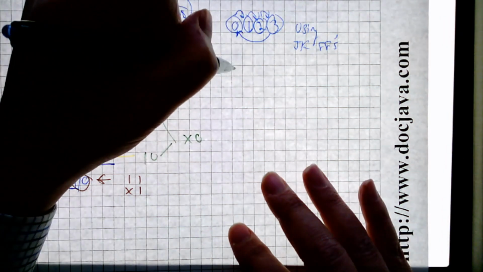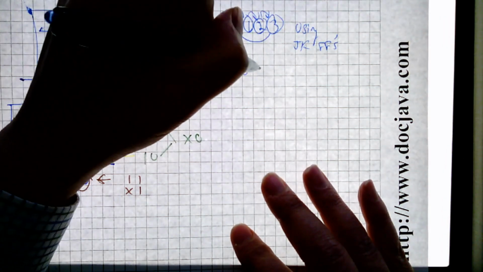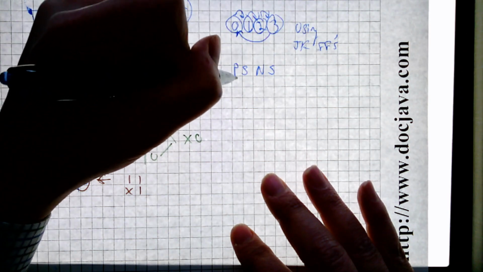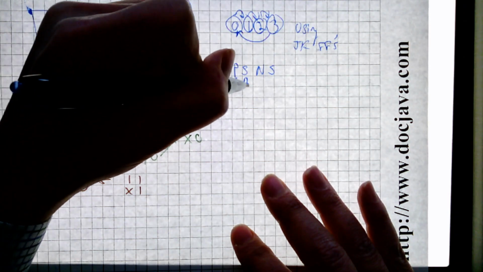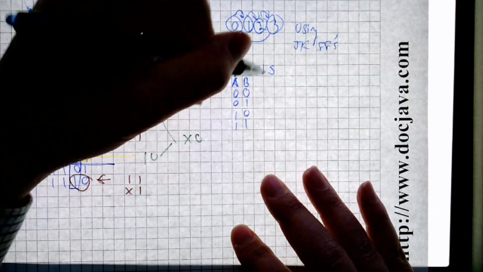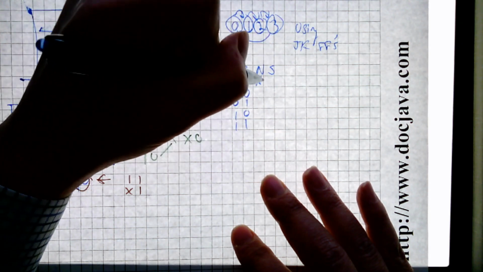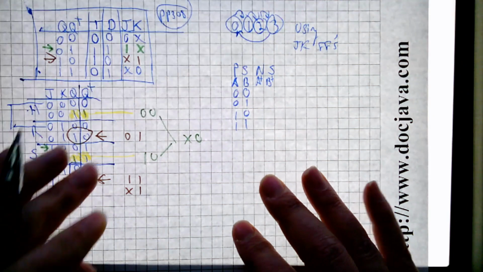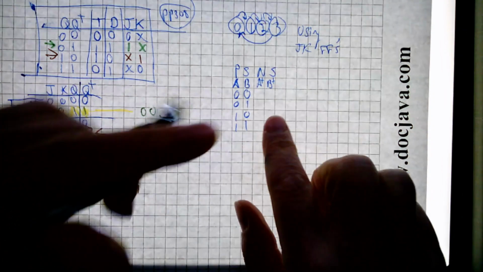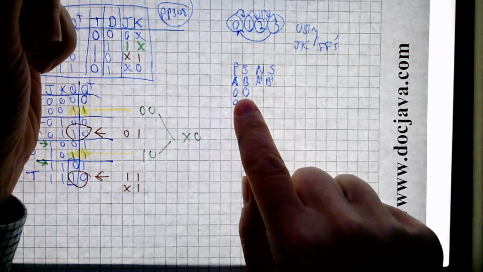Alrighty, so we'll do a present state, next state diagram, and we'll have A, B, and then we'll have A plus, B plus. Can you help me fill this in, Tyler? This is state 0.